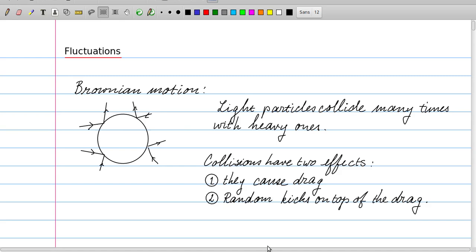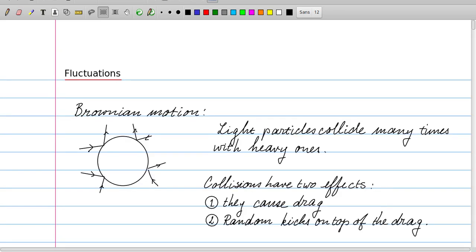So the first force that the heavy particle feels is a drag force. On top of the drag, it will feel random kicks in all possible directions. Even if the particle has come to a rest, there is no drag anymore, but there will be random kicks in all kinds of directions.